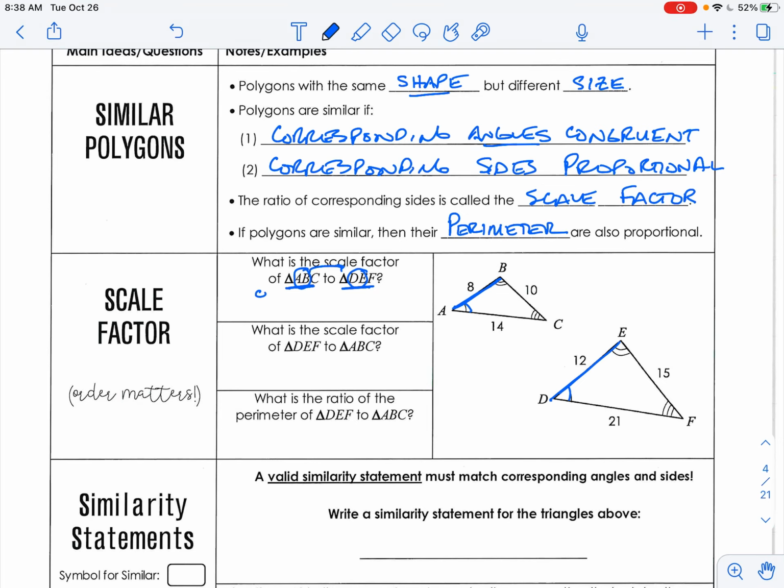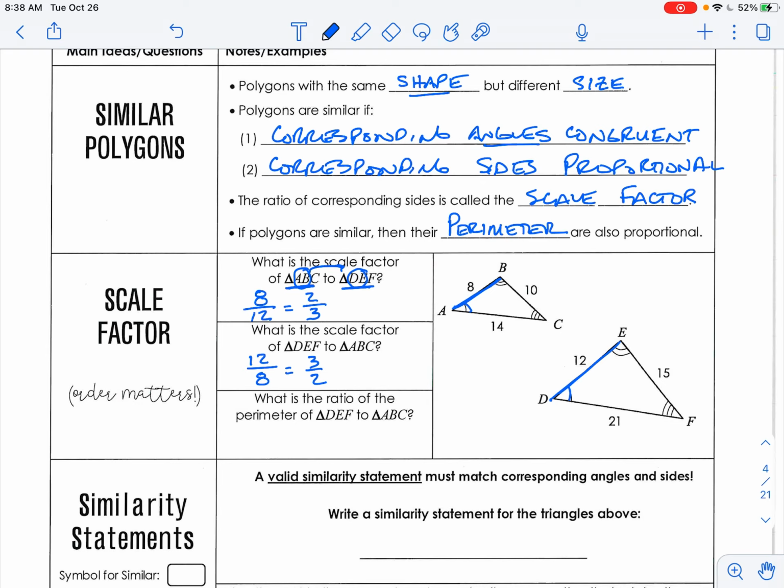So that means I'm going to have 8/12. Okay, and then it is nice to reduce that ratio to 2/3 if you divide both by 3. Now, what's the scale factor of DEF to ABC? All right, so again, if we look at it there, how does that work? Again, we flip it over, it's getting smaller from 12 to 8, which means the scale factor would be 3/2. Same ratio, just flipped over.